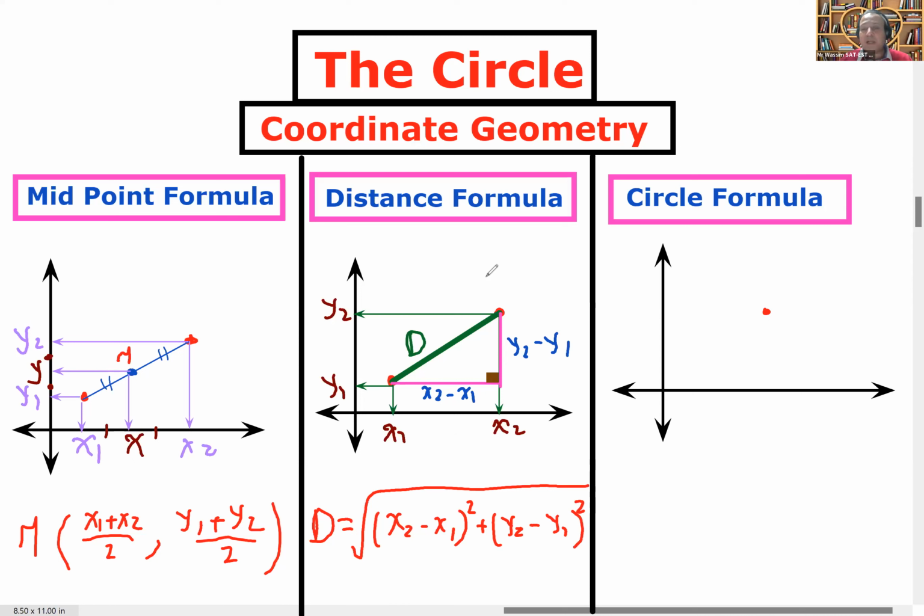Circle formula. I'm going to move h and go up k. So my coordinates here are called h and k. Why? Because I'm going to use x and y for something else. So that's h and that's k.